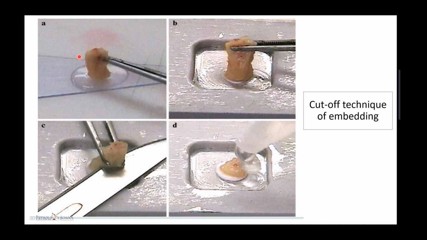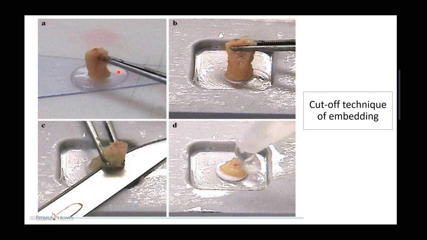The cutoff technique is, see, this is the cutoff technique. When the tissue is very soft, or there are chances of distorting the anatomy of the specimen, we can use this cutoff technique. What we do is we just keep the portion which we want to see under the microscope like this on the glass slide.